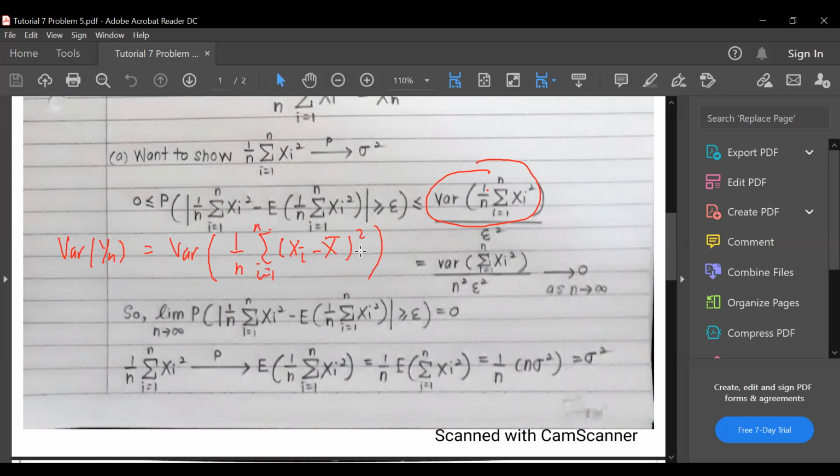So this is basically 1 over n squared, but since you're summing IID terms, you basically have one variance of x1 minus x̄ squared. So I got this.